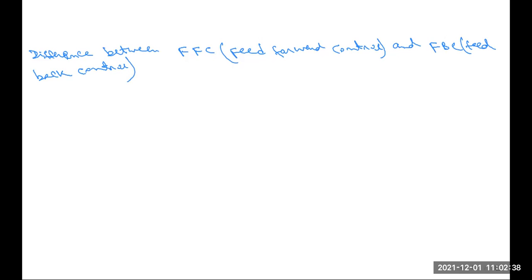Okay, so this is very important. Is it clear, all of you? What is the difference between the feedback control system and feed forward control system?